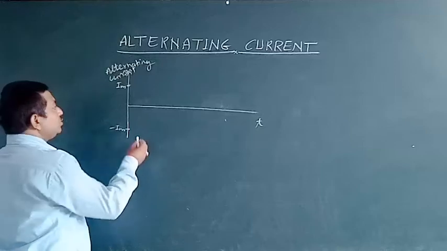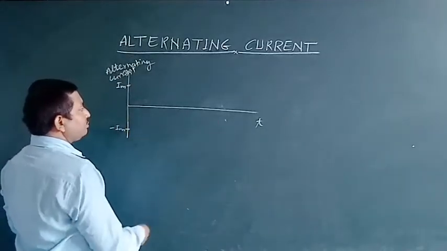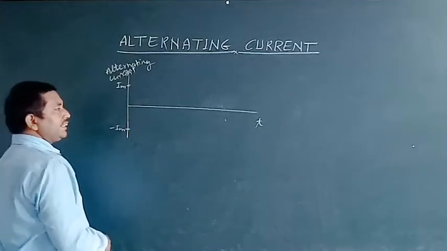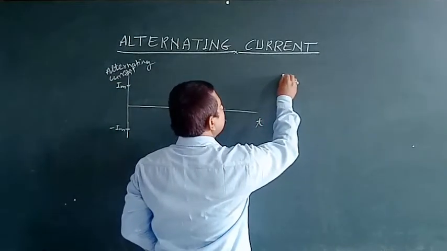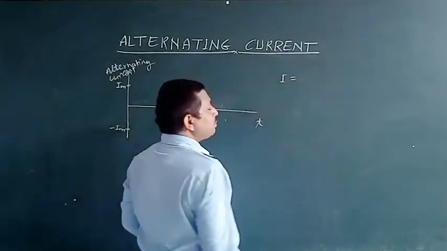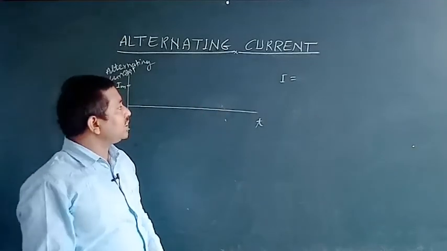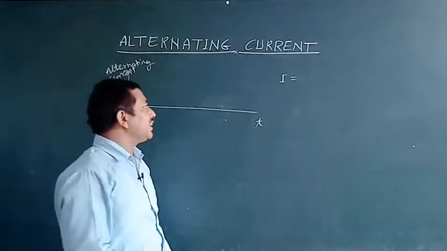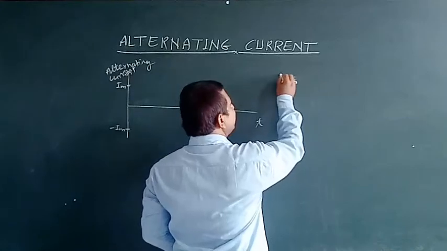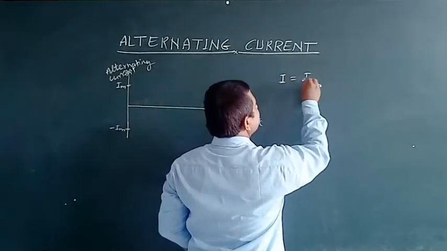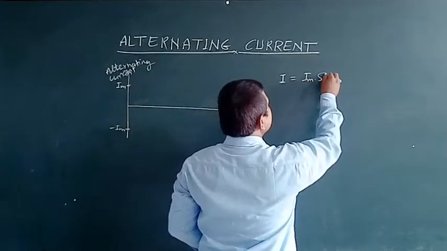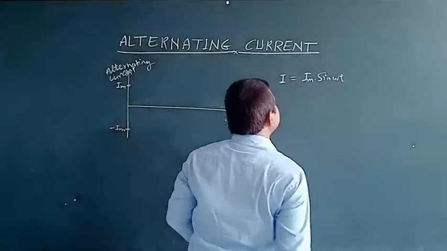So if we want to plot a graph for the alternating current, then first you should know what is the expression that provides us the knowledge about the alternating current. So at any instant of time t, the instantaneous current can be expressed as I equal to Im sine omega t.